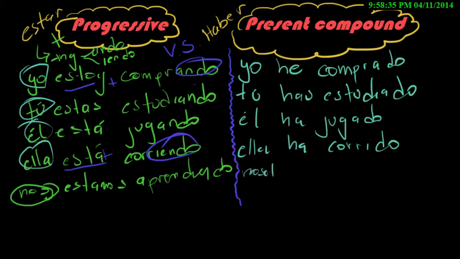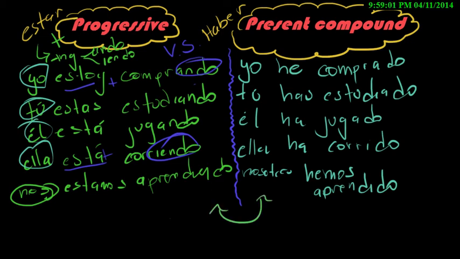Nosotros hemos aprendido. So this is the present compound compared to the progressive. They are different in the meaning, and we use different verbs to form both, but both use two verbs. Okay, so that's it.